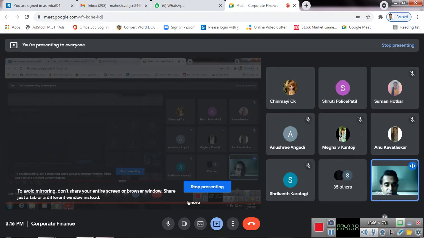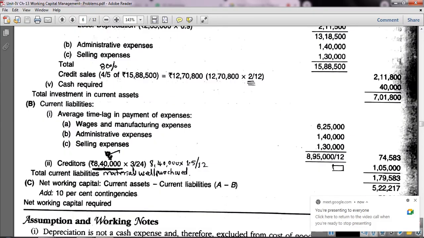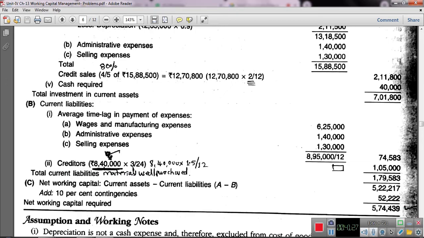Okay, any questions here? Any questions? Students, can you still see this PDF file? Yes, sir. Any questions? Any doubts? No doubts?